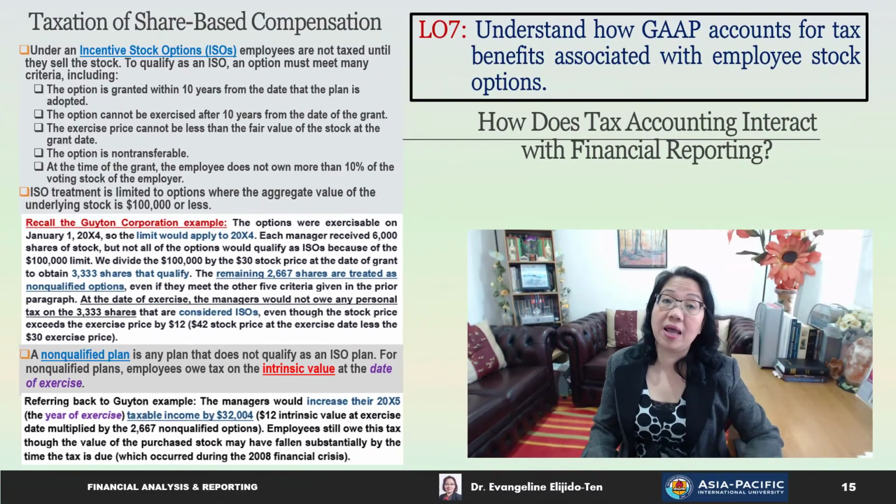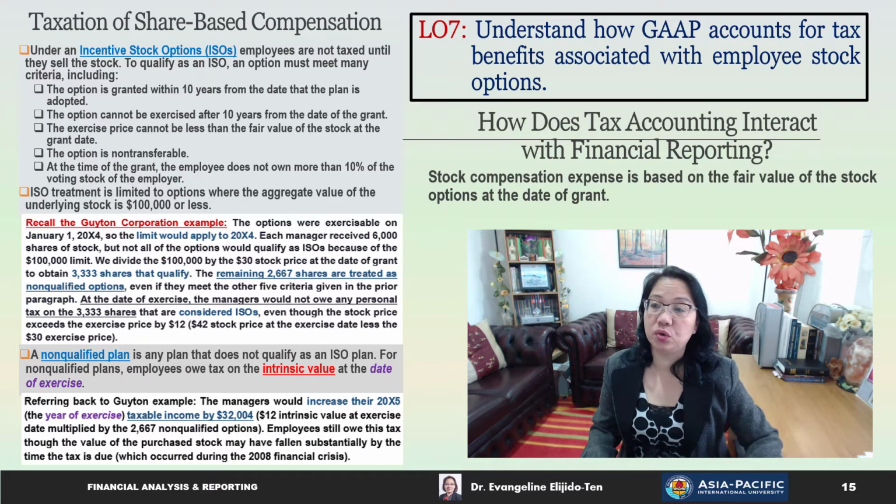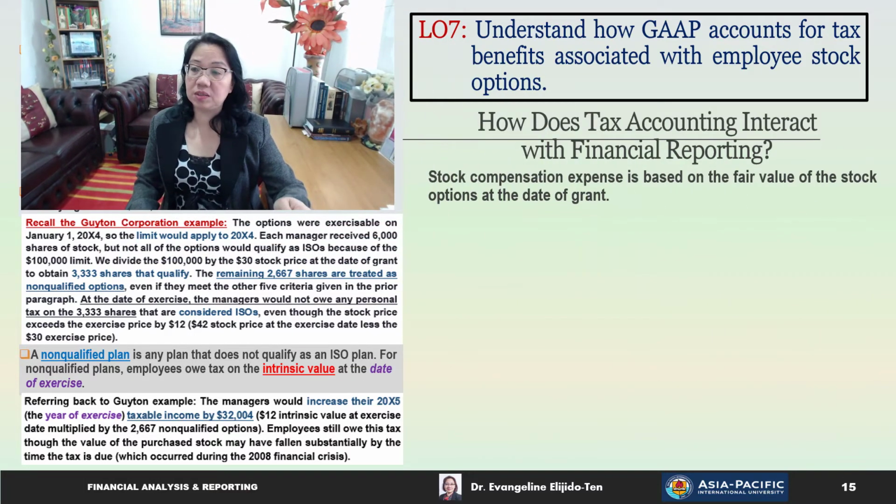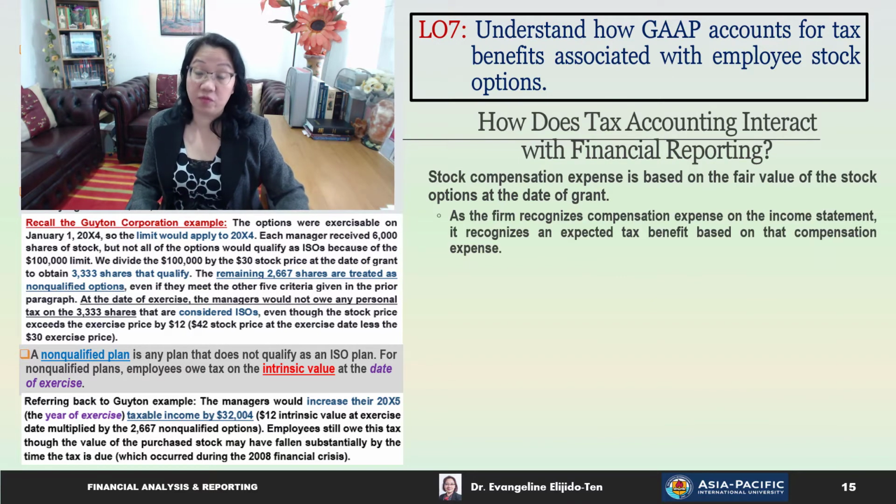Now let's look at how tax accounting interacts with financial reporting. This is from the employer's point of view. Stock compensation expense is based on the fair value of the stock options at the date of grant.